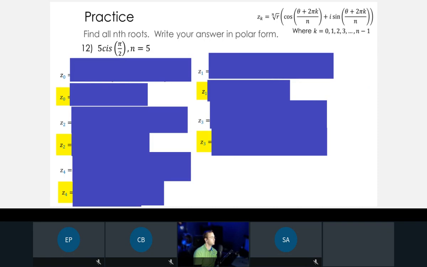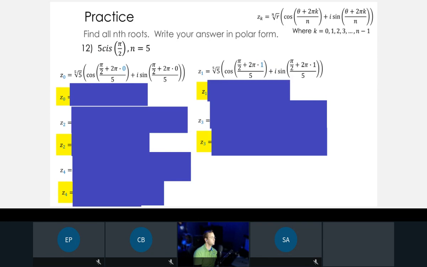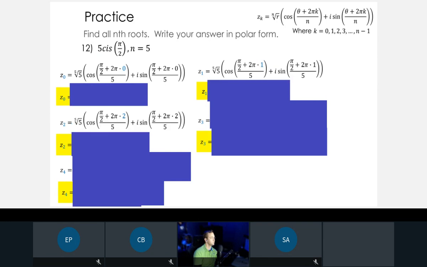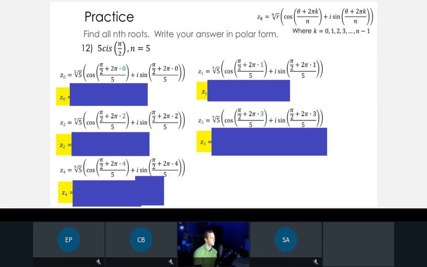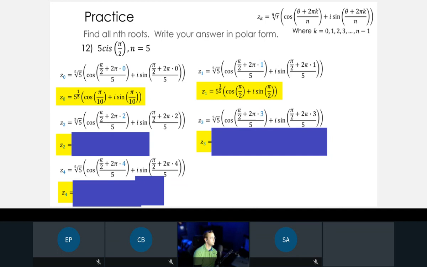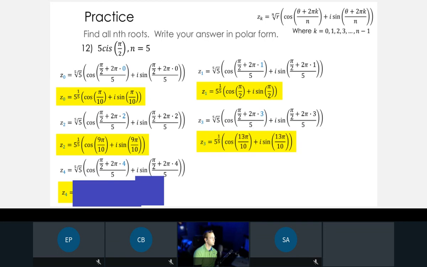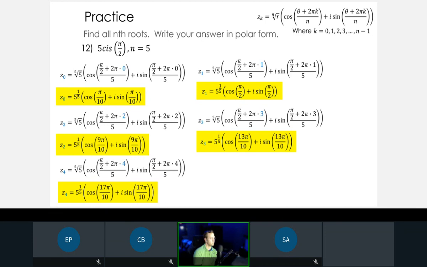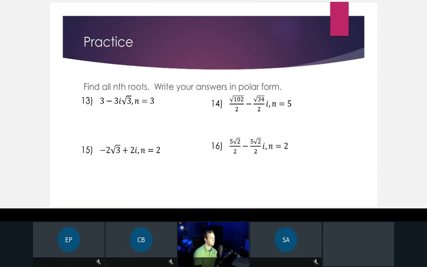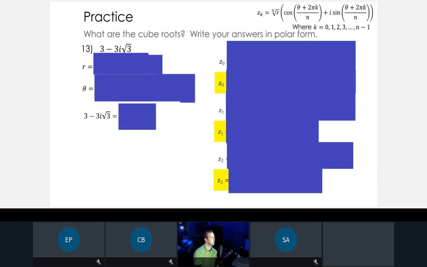Number 12. Here are the setups. There's the answers. Number 13.